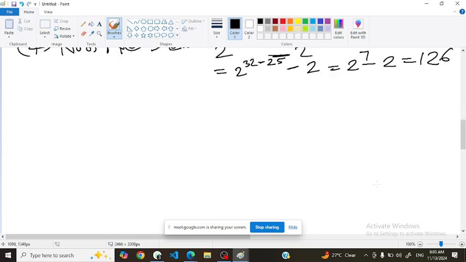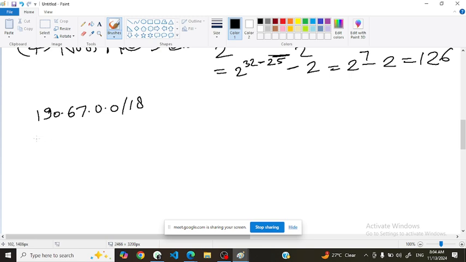For the next problem, 190 dot. Tell me the numbers, guys. So what will be the subnet mask?